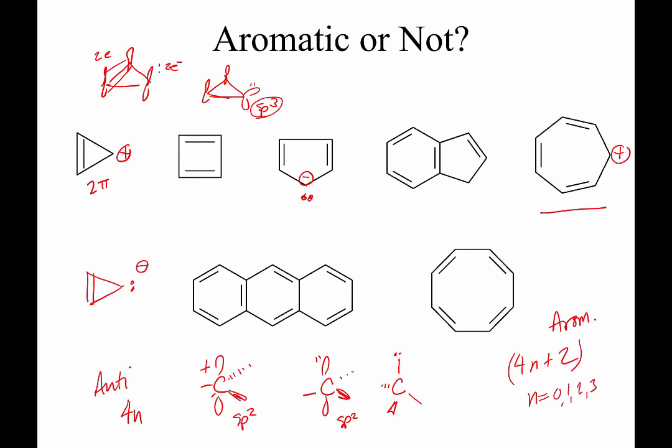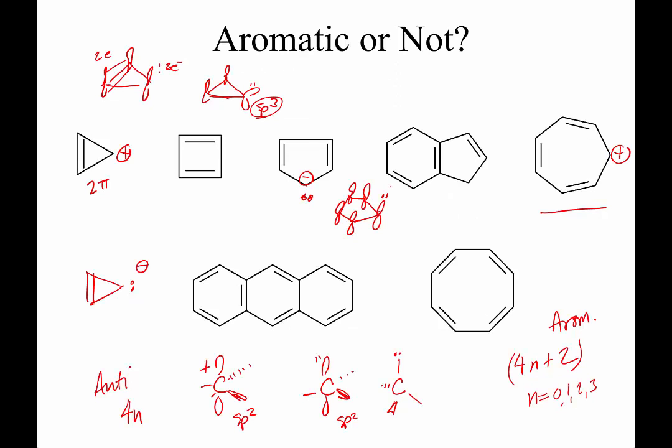Now it's got a choice. So the 5-membered ring, these 4 are already sp2. Now it's up to that carbon to decide. In this case, if it decides to go sp2, it has a lone pair to add to the system.